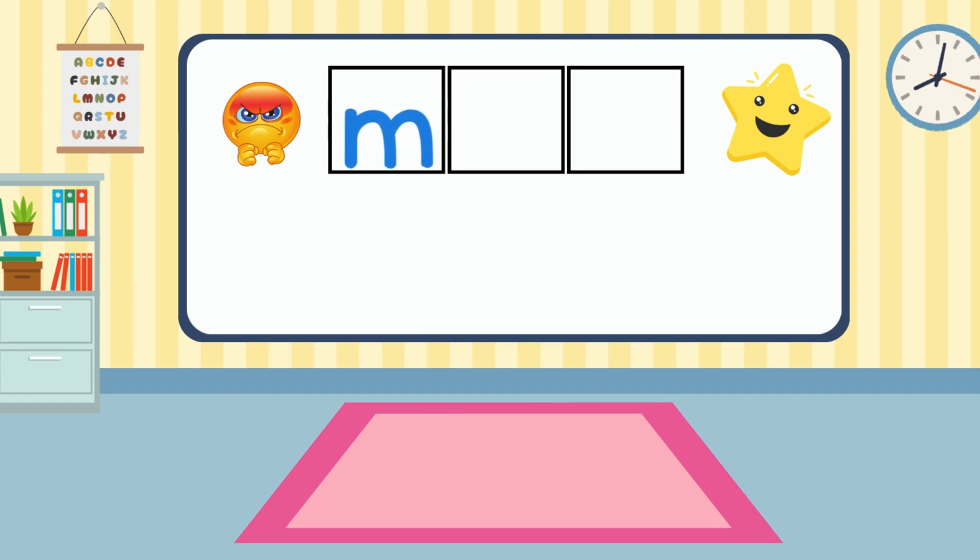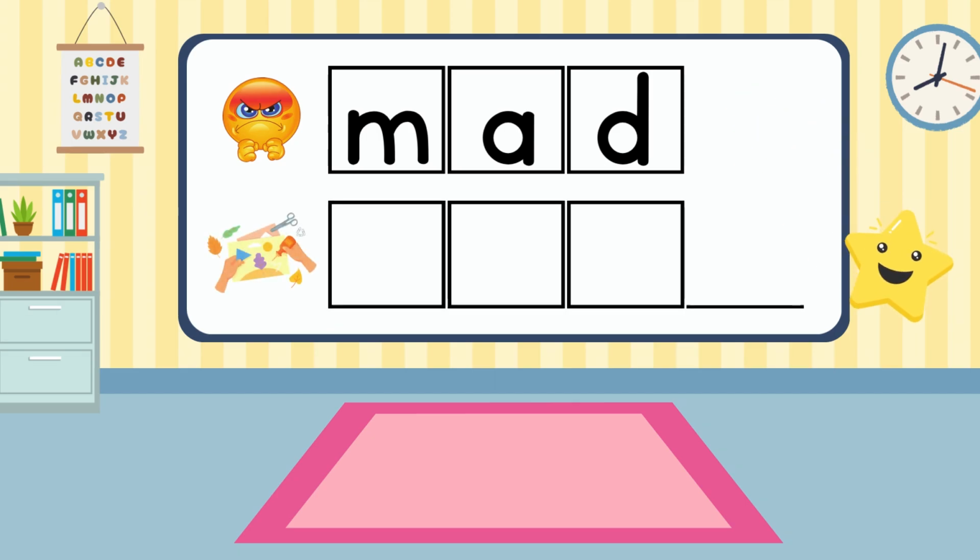The first sound is spelled with the letter M. The short vowel sound for A is spelled with the vowel A. And the last sound, D, is spelled with a D. Because we hear the short vowel sound for A in the word mad, we know that there isn't a magic E on the end.